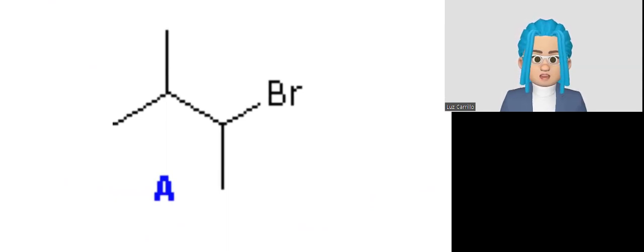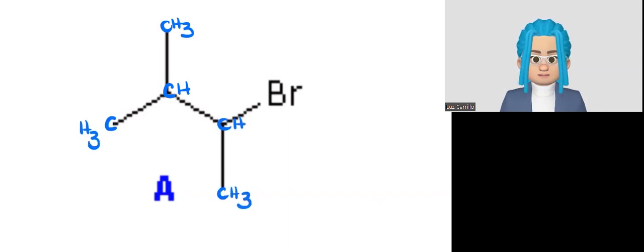In this alkane, I'm going to write in the carbons and hydrogens that are not illustrated by the skeletal structure. So this is a CH, this is a CH3, this is a CH3, this is a CH, this is a CH3.